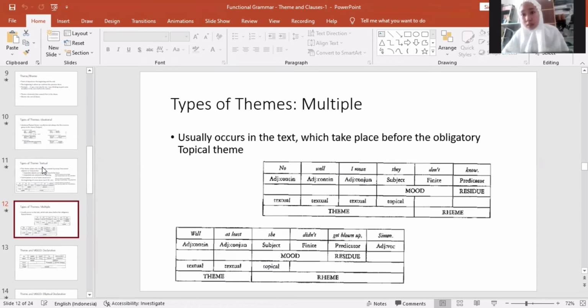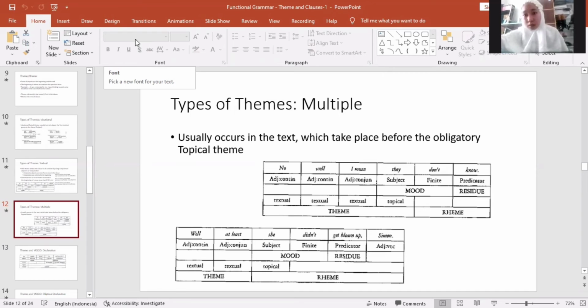Well is adjunct of continuative. I mean is adjunct of conjunction. They is subject, don't is finite, and know is predicator. So no is textual, well is textual, I mean is textual. They is topical. And don't know is Rheme.